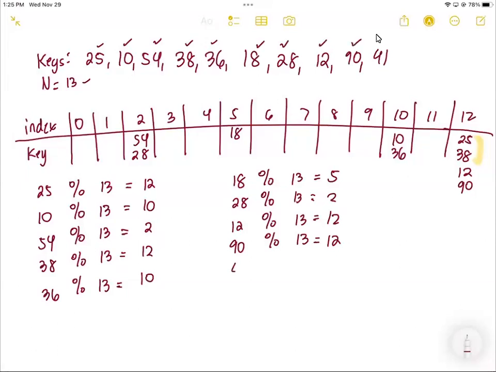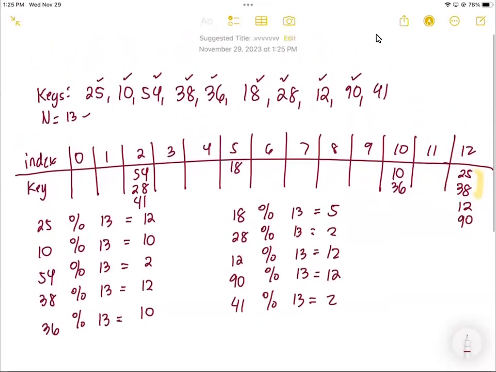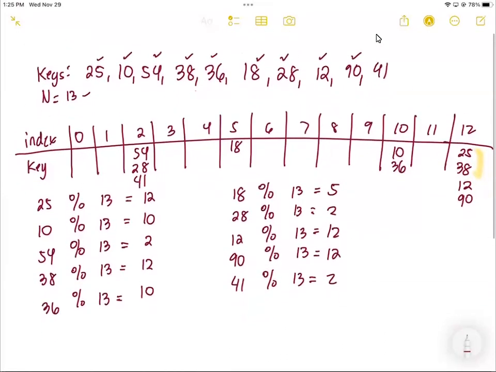Now we have 41. 41 modulo 13 is equal to 2. In the second bucket we already have 54 and 28, so we just add 41 here. As you can see, given this simple hash function, there are a lot of collisions.